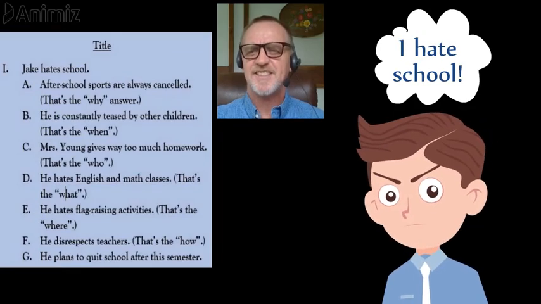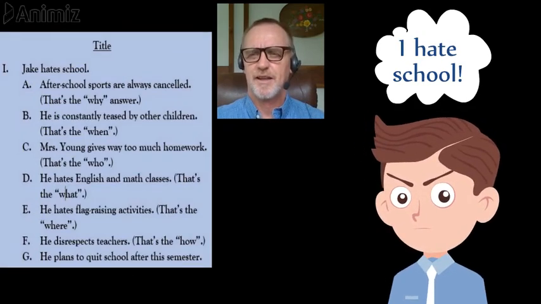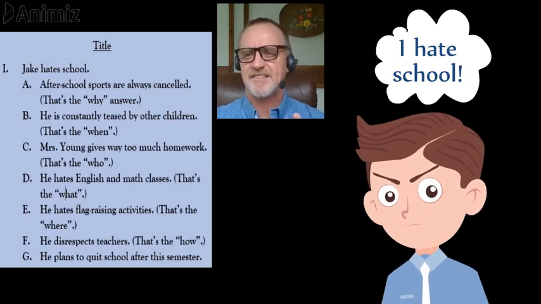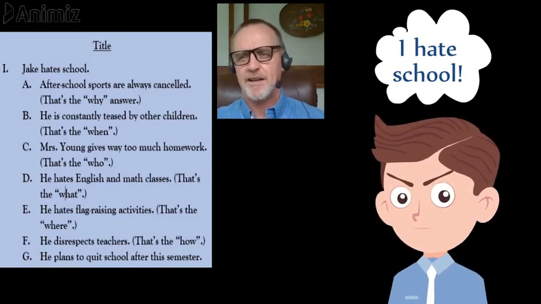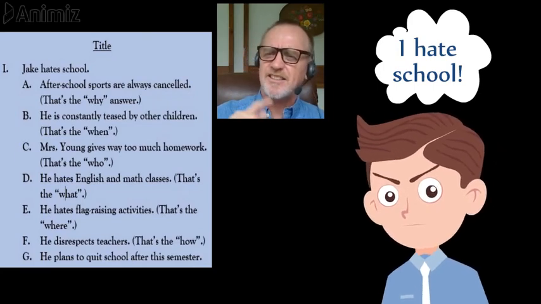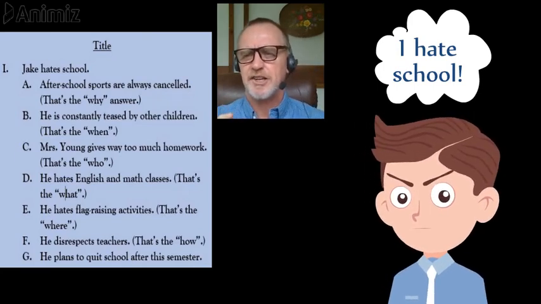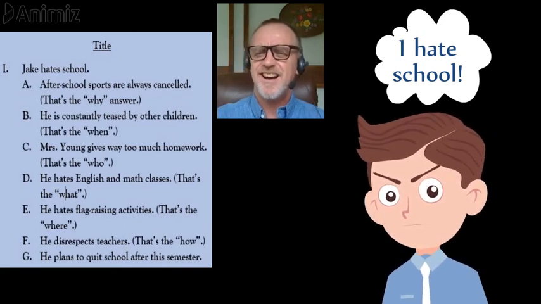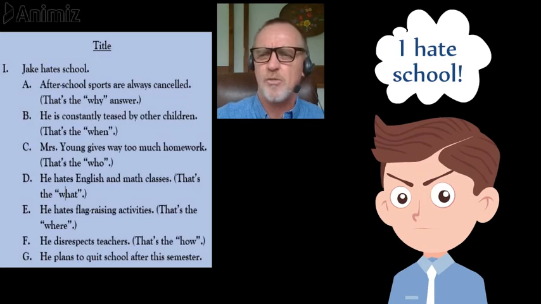Jake hates school. After school sports are always canceled. That's the why answer. He is constantly teased by other children. That's the when. Mrs. Young gives way too much homework.